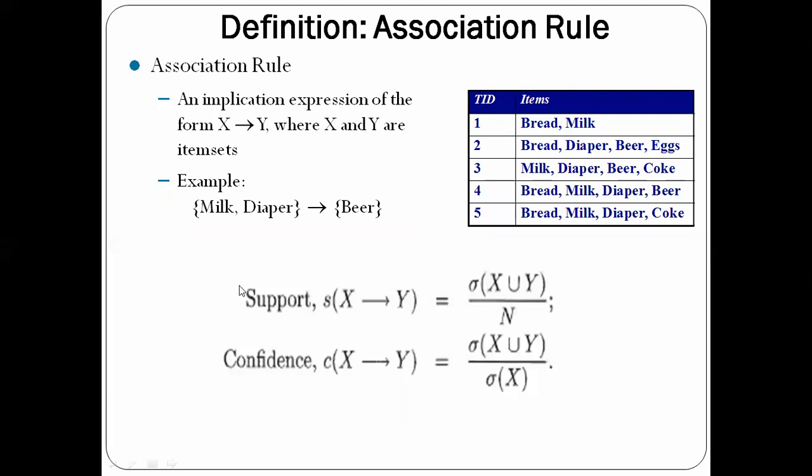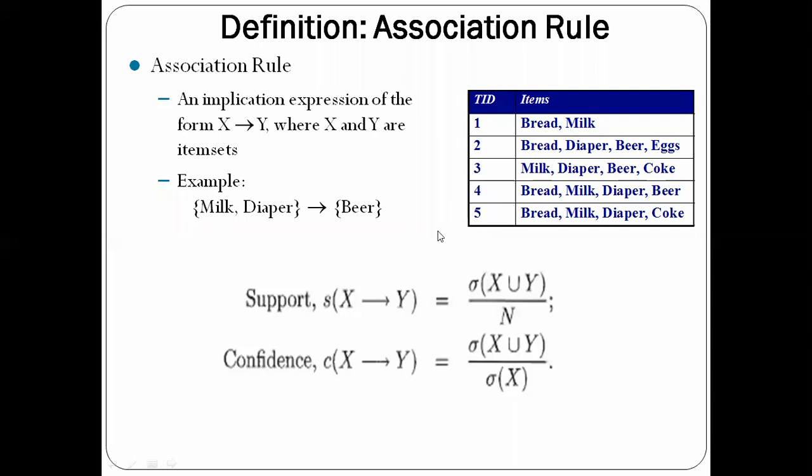And confidence is used to determine how frequently the item set X occurs in the transactions that contain Y. It means how frequently these item sets X and Y are going to appear together. That will be specified with the help of confidence here. So it determines the frequency with which item set X appears with item set Y. That is confidence. Support is used to determine how much this rule is applicable to a given data set.